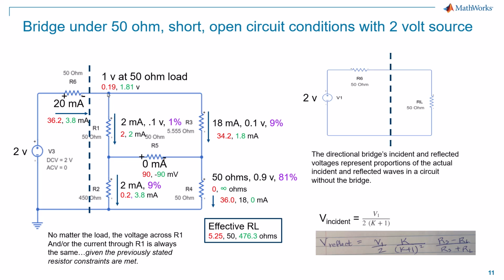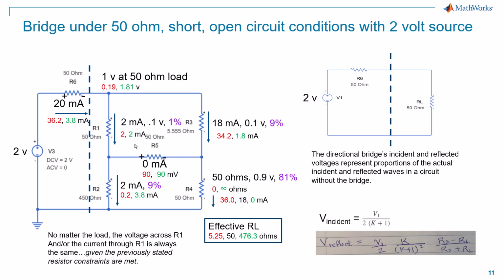Likewise, the voltage from the top node to ground across the bridge goes up to 1.81 volts, given that we got a smaller drop across R6. And the sum of those two voltages at the short and open circuit conditions adds up to the source voltage. So you get these interesting relationships that occur with the bridge, again, scaled accordingly.